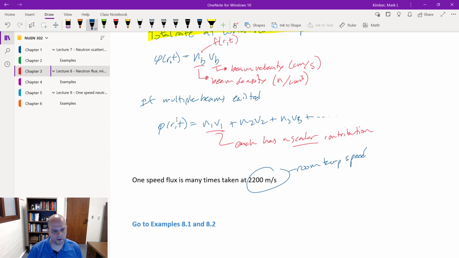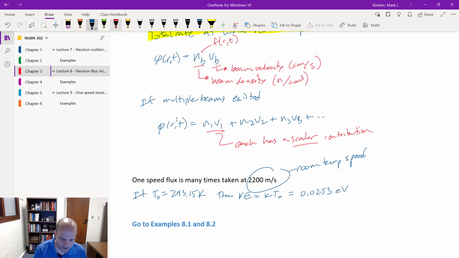So by room temperature, if we say that our temperature is 293.15 K, then our kinetic energy is just the Boltzmann constant times that temperature, and that's going to be 0.0253 eV.